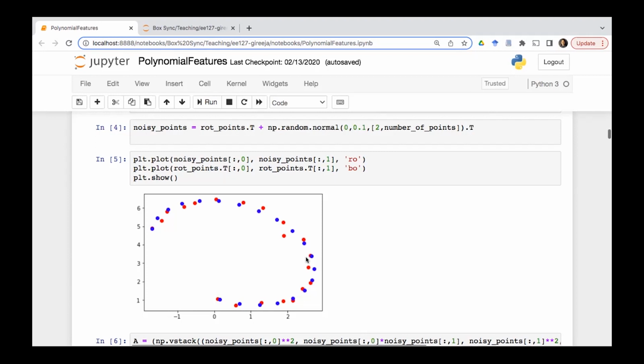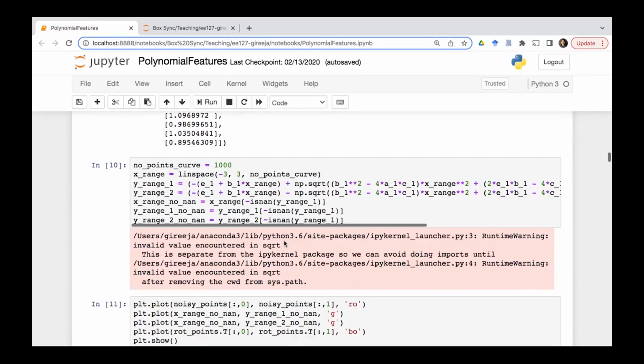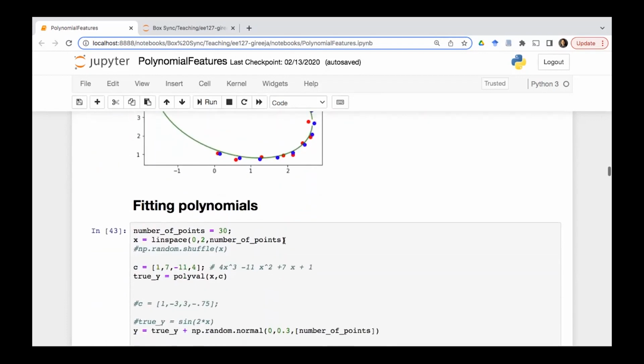I can use data to estimate or fit a polynomial. Everyone remembers this? This, for example, is if I wanted to plot an ellipse, but I'm not going to talk about that. I just used the same notebook.